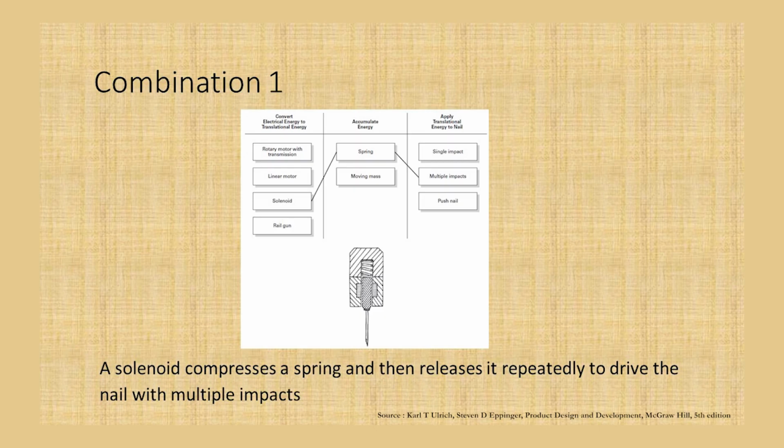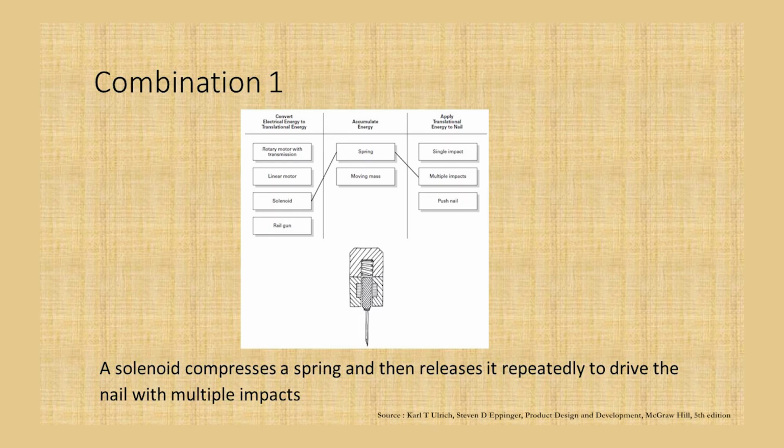Here is your spring, and there is a solenoid here, and by making multiple impacts through this nozzle, you are able to drive the nail. The energy is stored in the spring, and when it extends, it pushes this forward, so that the nails go into the wood. The compression of the spring is storing that energy.